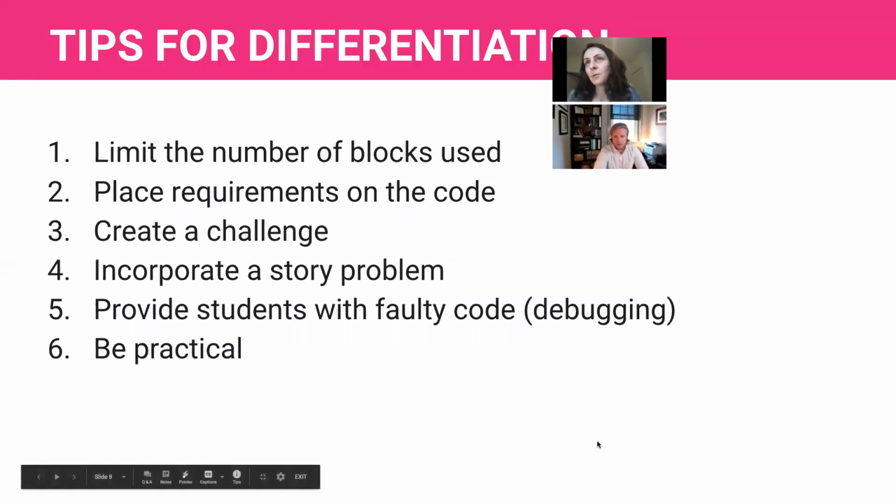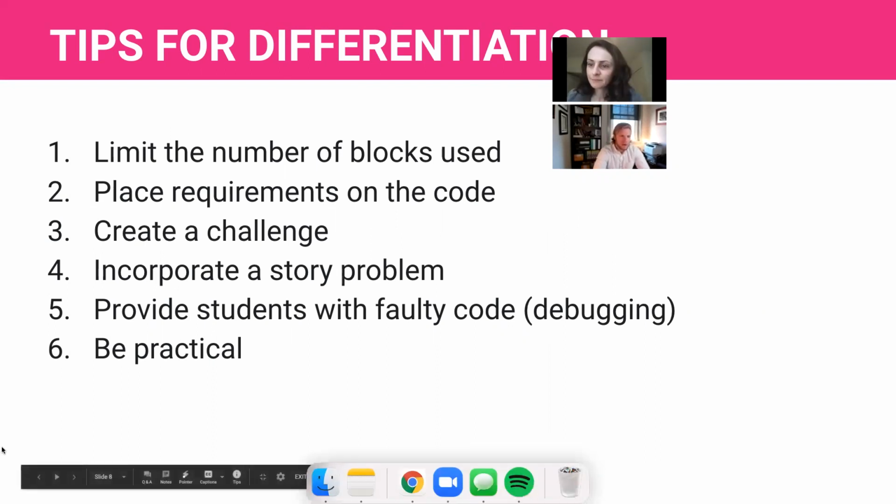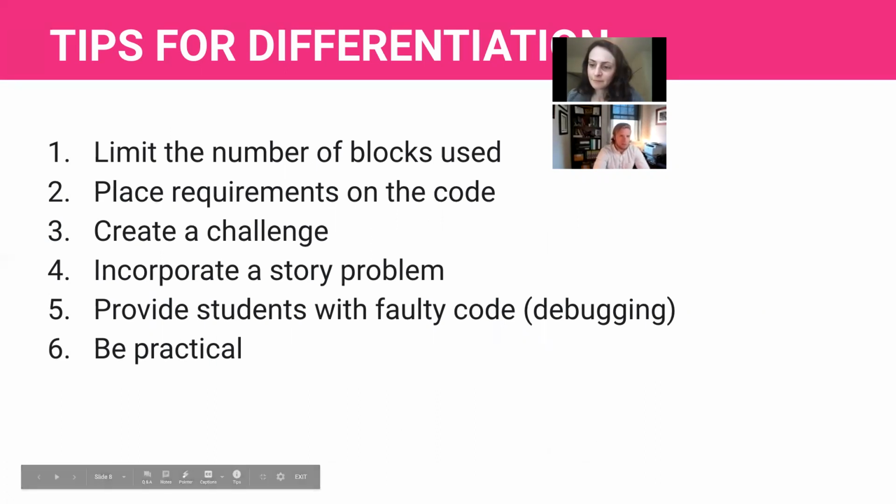Awesome. So do you mind walking through sort of tips? What does differentiation mean, and sort of walking through these tips that you've put together? Yeah, so when we differentiate instruction for our students, it really means that we can take one activity and display it or guide our students in different ways based on their ability level or maybe their prior knowledge that they already have, or maybe you want to use a similar activity at different grade levels.